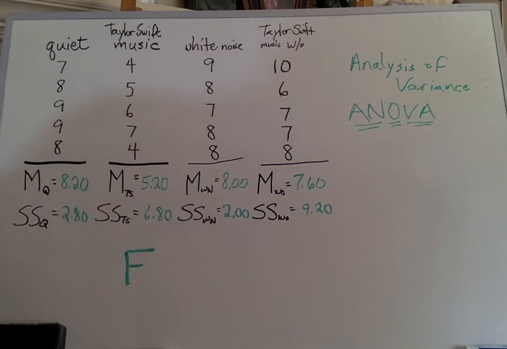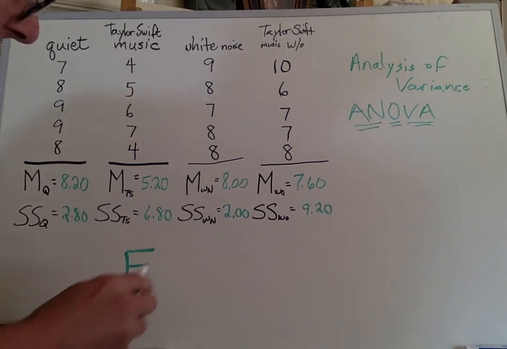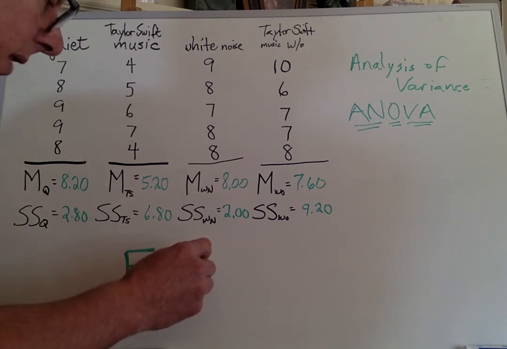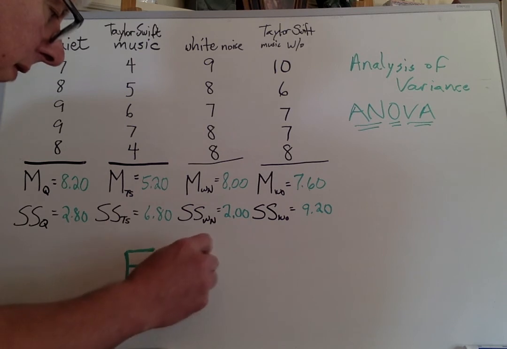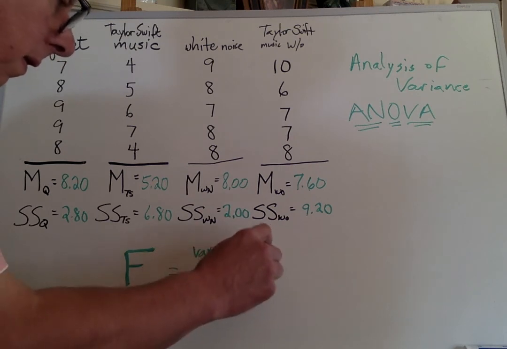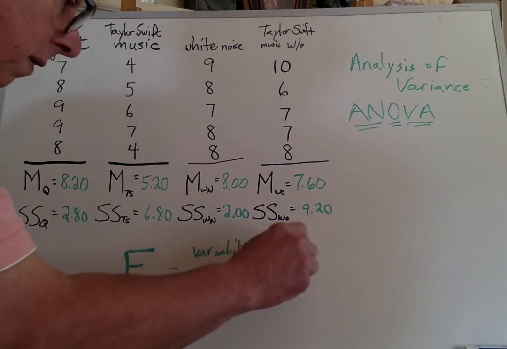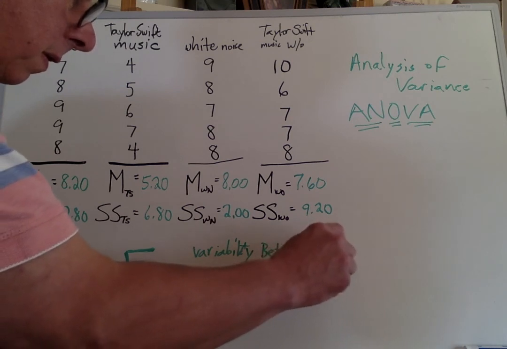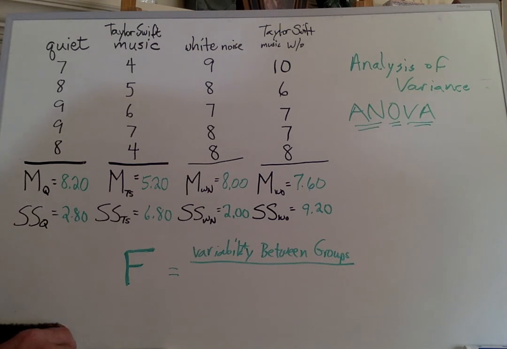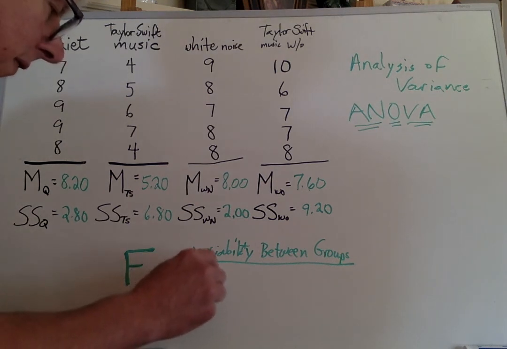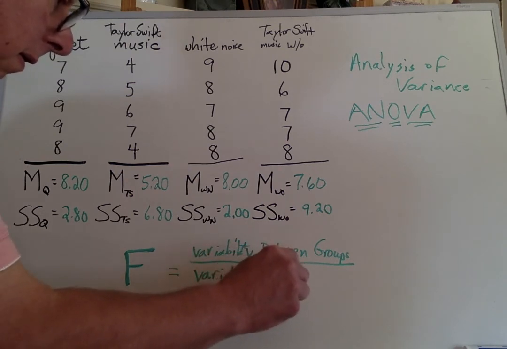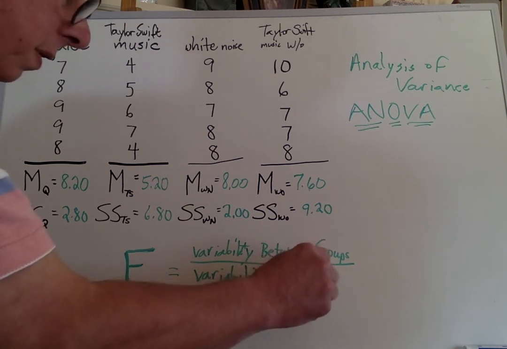Here's the conceptual basis. We're going to look at the variability between groups, and we're going to put that over a measure of variability within groups.